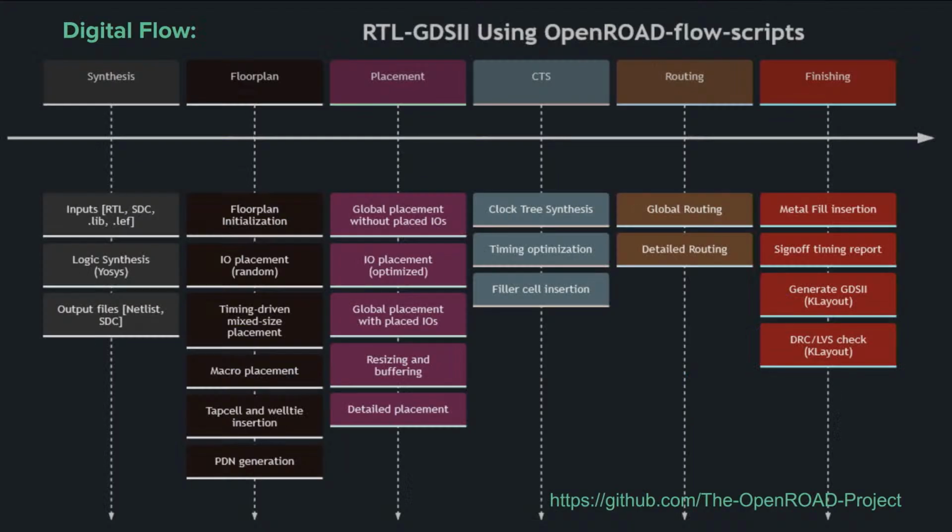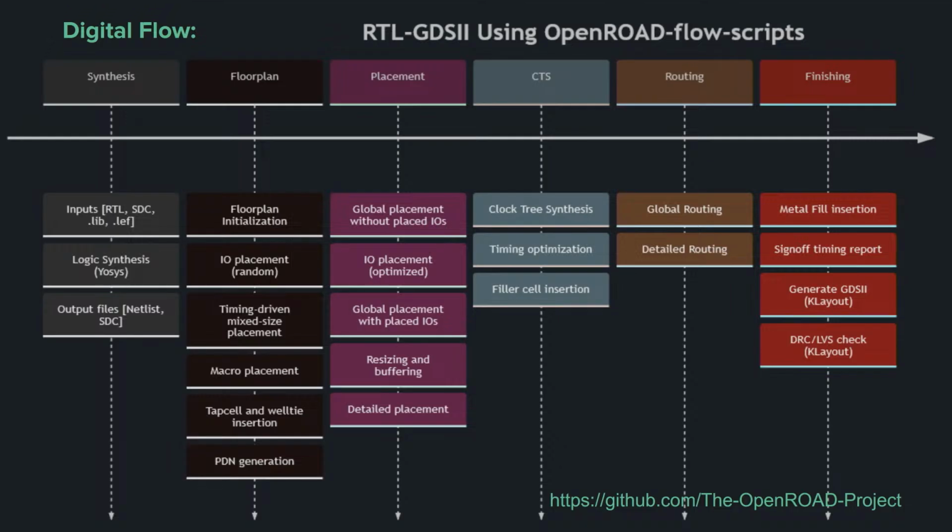I would start with just a brief view of a very interesting flow, which is based on OpenROAD. It's complementary to what our friends from China showed before. So if we start with the digital flow, we have here the path to get to the GDS.